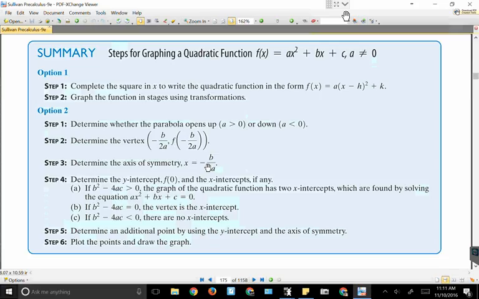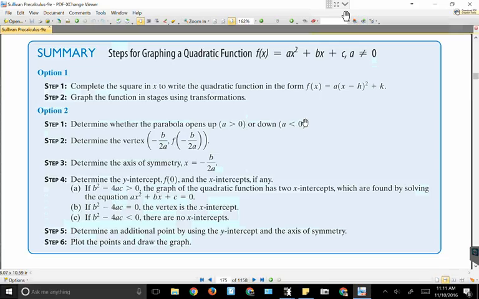For me, I identify the y-intercept. Where is the y-intercept in relation to that vertex? Once I've got that established, I also know what my third point is going to be. It's got to be symmetric to where the y-intercept is going. So I've got 3 points now. And that also answers the question for step 1.